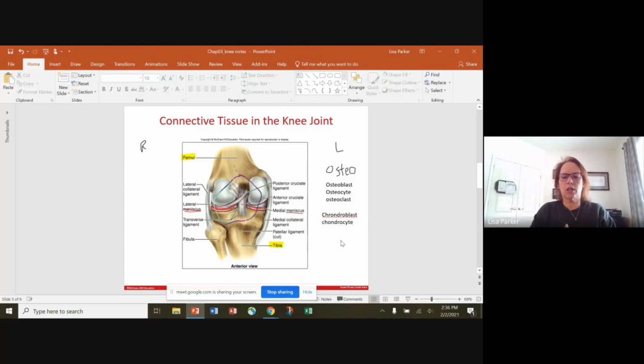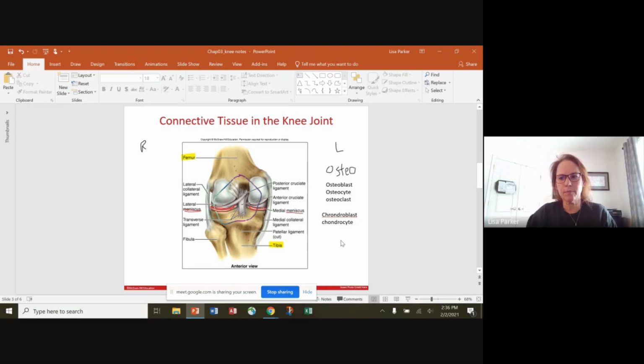For cartilage, just like we had with bone, chondro means cartilage. That's our word part that means cartilage. And blast, we know, is an immature cell. And cyte means mature cell. So a chondroblast is an immature cartilage cell, and a chondrocyte is a mature cartilage cell. Okay, we don't have any of those destroyer cells like we do in bone.